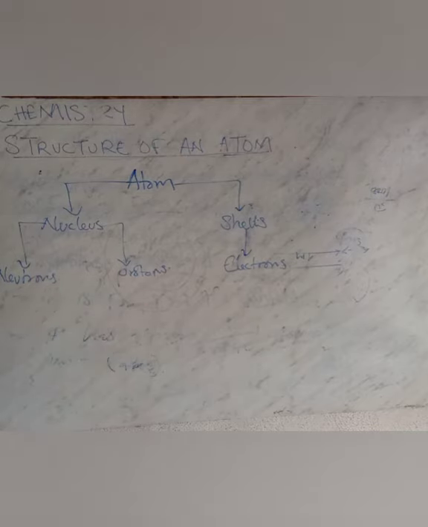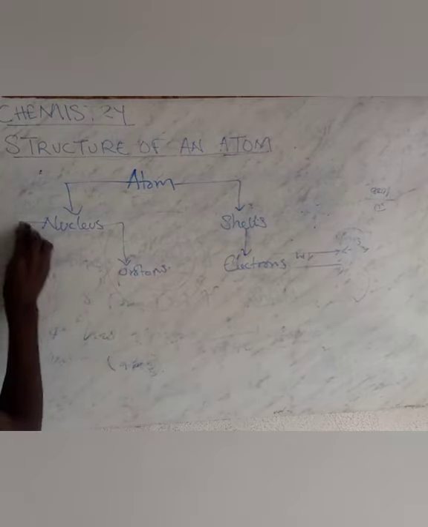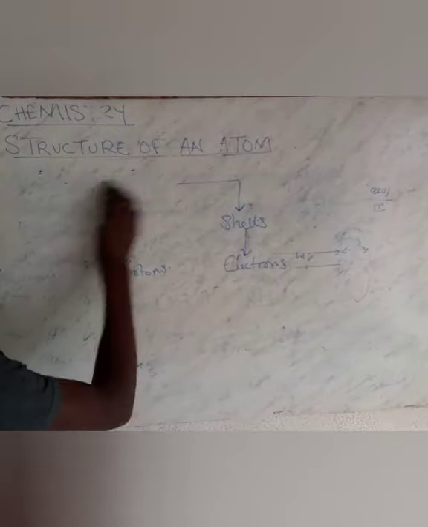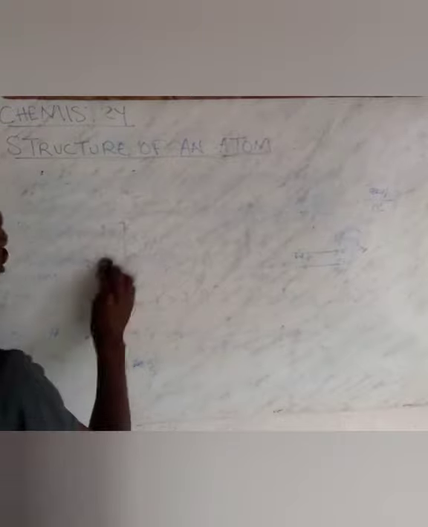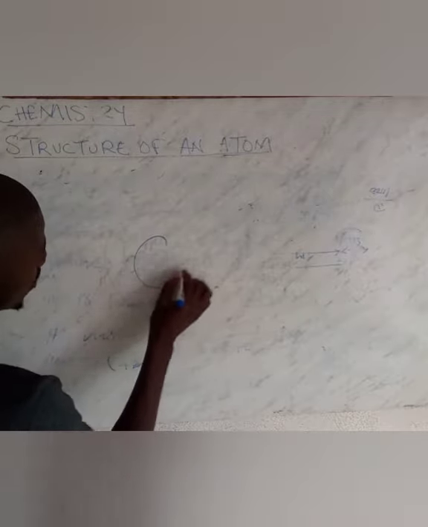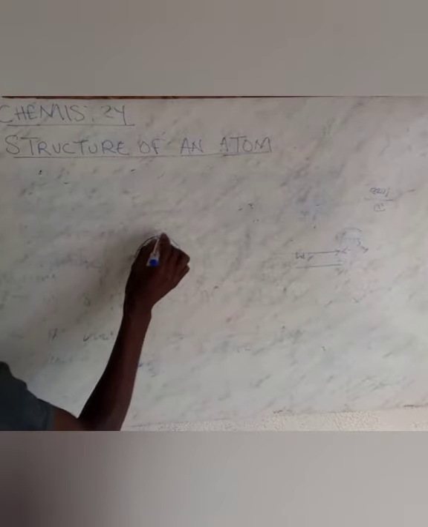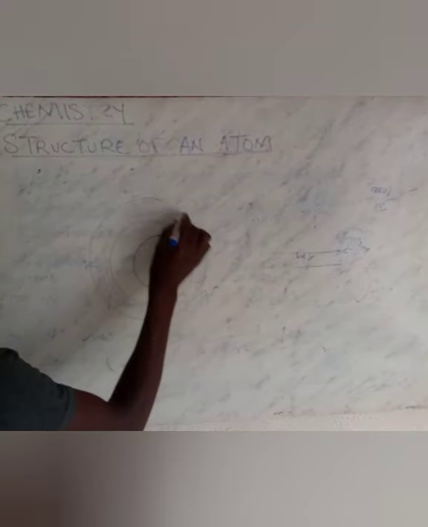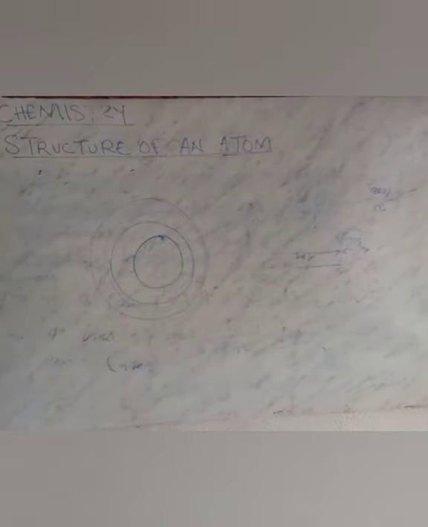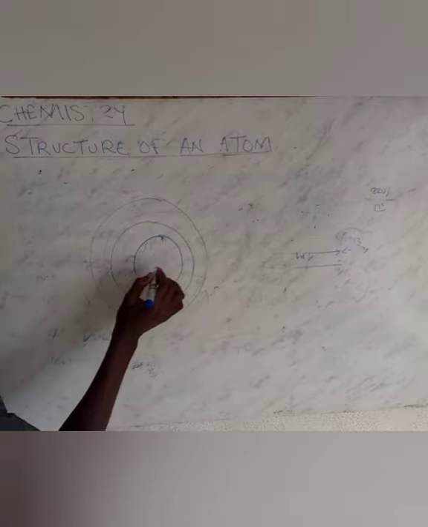Now, putting this in a diagram, it will look something like this for us to appreciate how each of these particles is arranged in an element. So if we have an element like this one, then we have shells around it. This will be the nucleus.